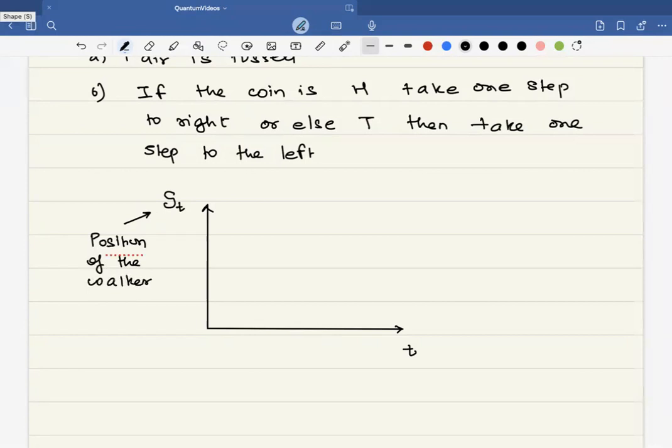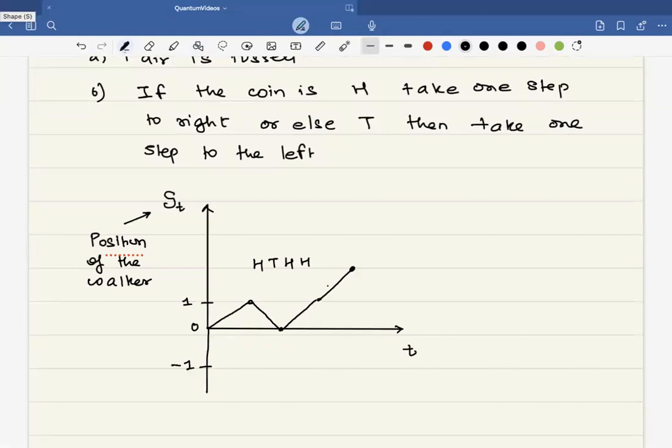And so for instance, if the first toss is a head, then maybe the walker is in initial position 0, and then he moves to position 1, and then maybe the second toss is a tail, so the walker moves back to position 0, then head again, and then head, right? So this is a head, tail, head, head sequence that happens.